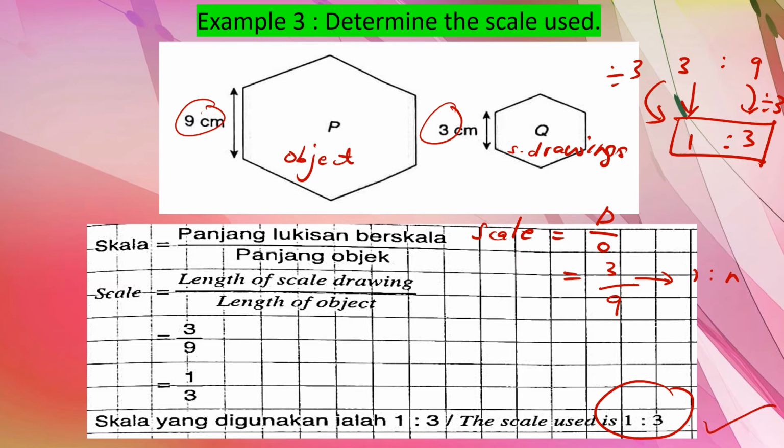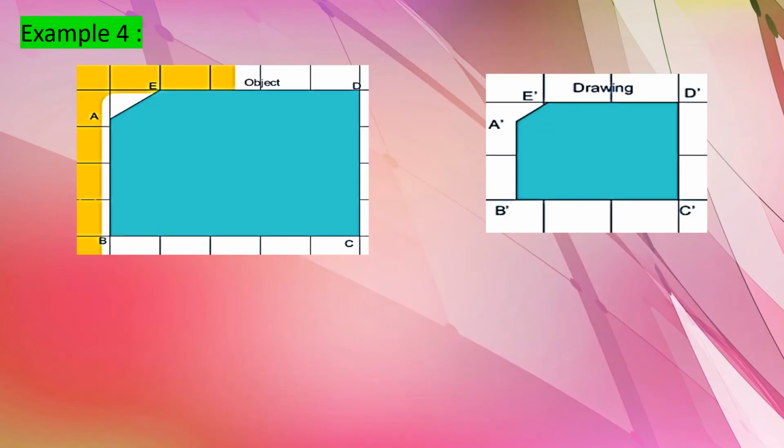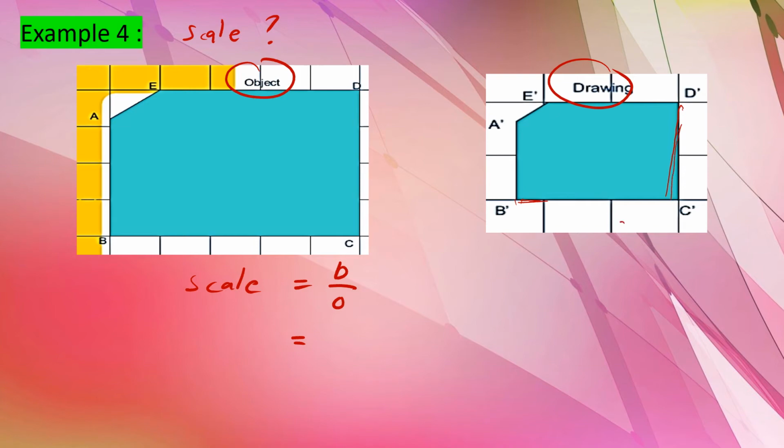Next example. Example 4, find the scale. This is the object, this is the drawing. It's the same method: drawing divided by object. For the drawing, you take one side. Let's say you take BC. No, don't take BC because the box here is half, so it's hard for you to count. You take CD. You take C prime D prime here, and here you take CD.